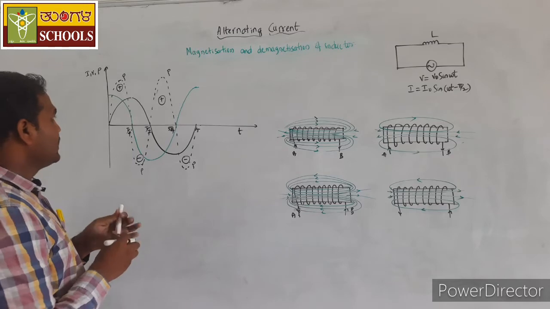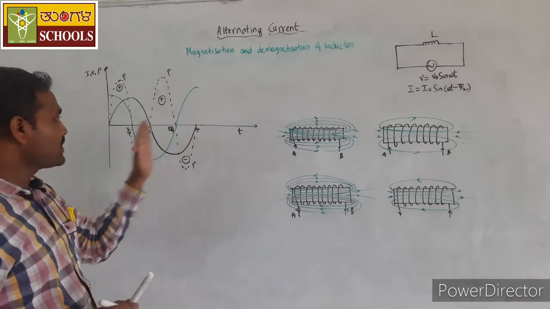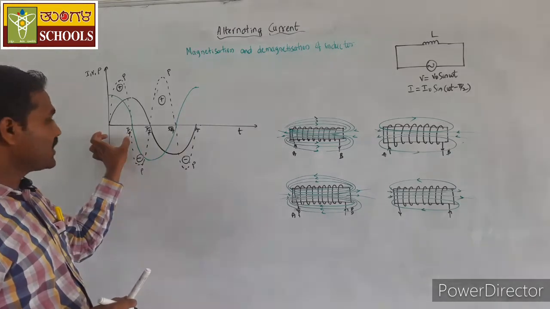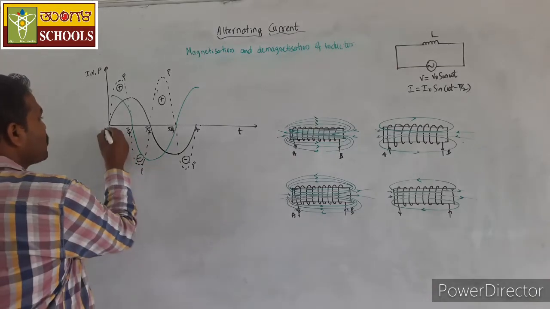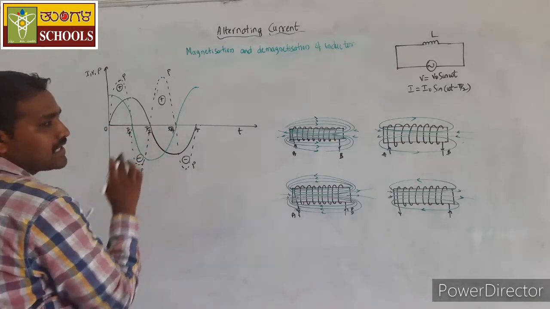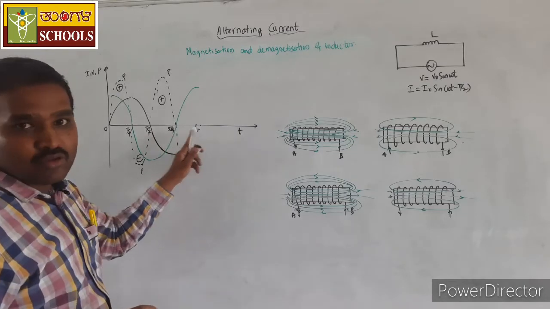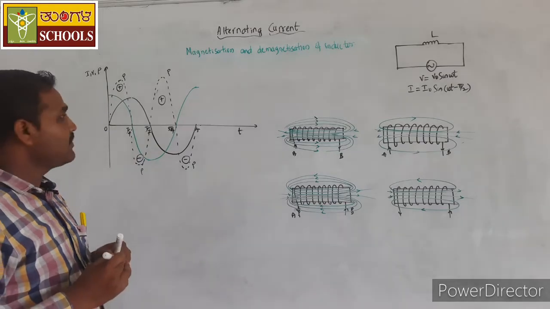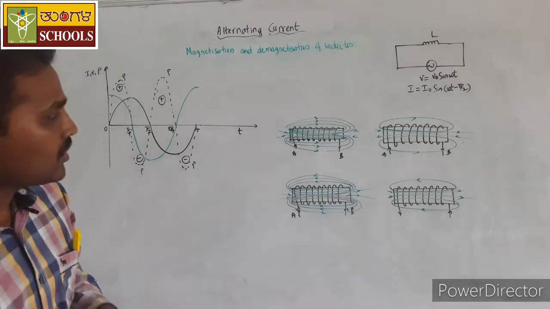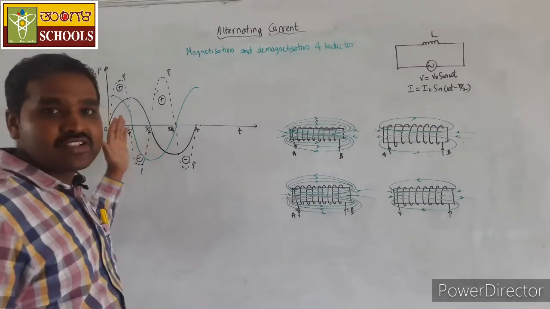Let us divide this one complete cycle into 4 quarters of T by 4 time period: 0 to T by 4, T by 4 to T by 2, T by 2 to 3T by 4, and from 3T by 4 to T, where T is the time period of one complete cycle. Let us observe what happens during each quarter.